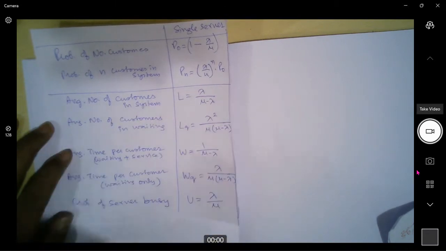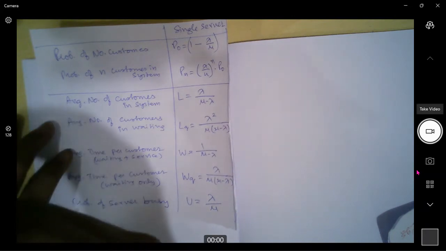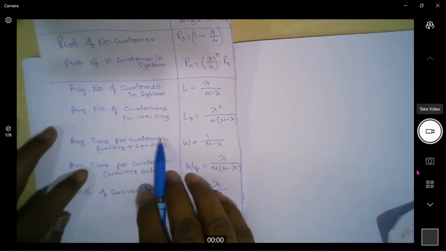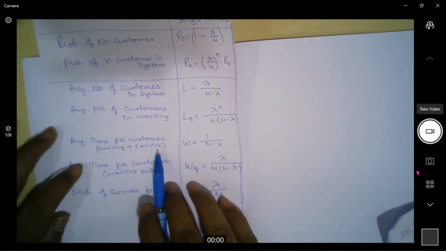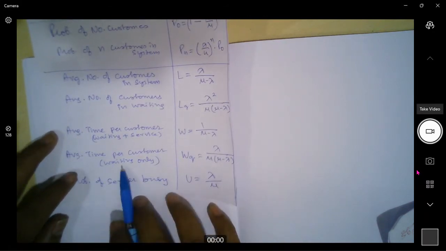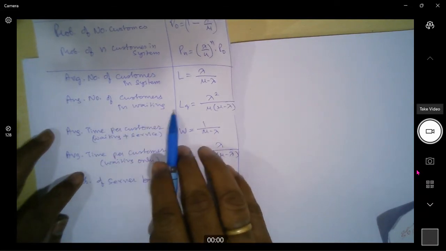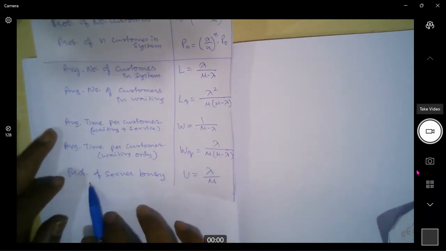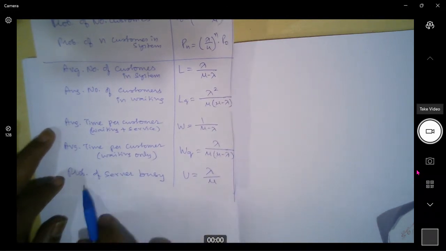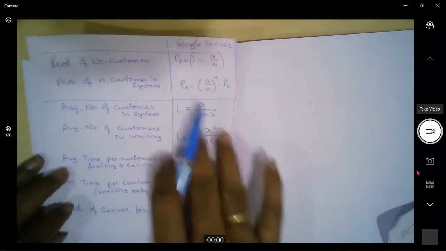System counts both the waiting people and the people who are being serviced. The average time per customer, both waiting time plus service time, is W. The average time per customer, only the waiting time, is WQ. And the probability of the server being busy is lambda by mu, and the probability of the server being idle is 1 minus lambda by mu.